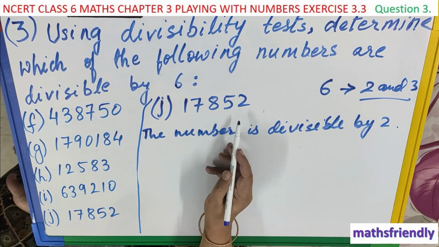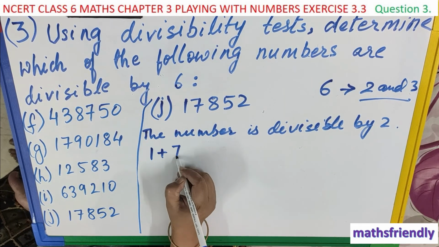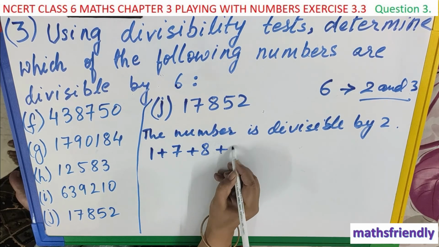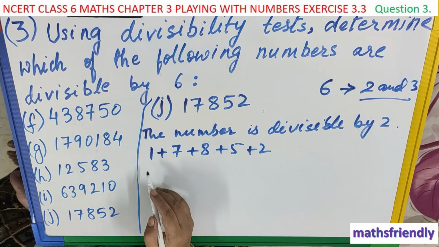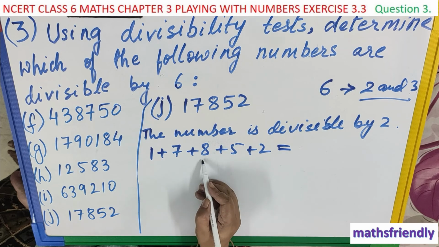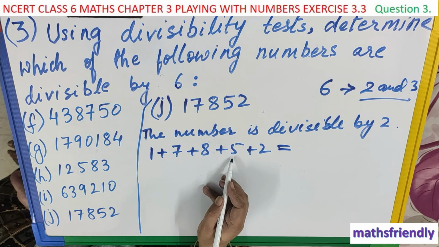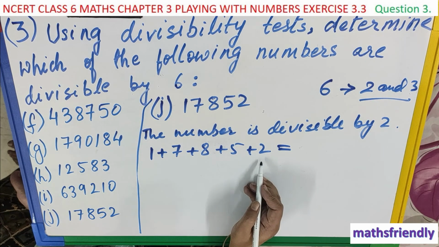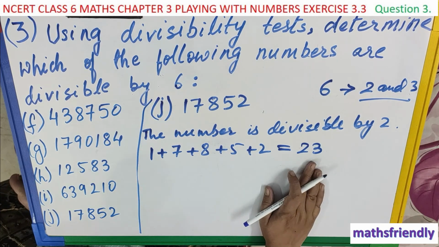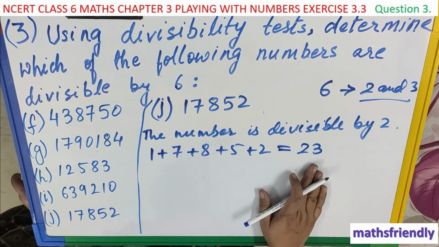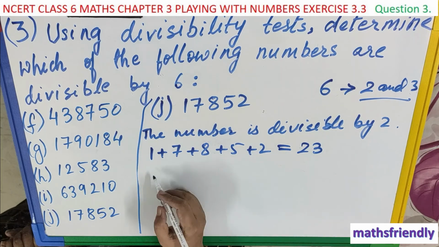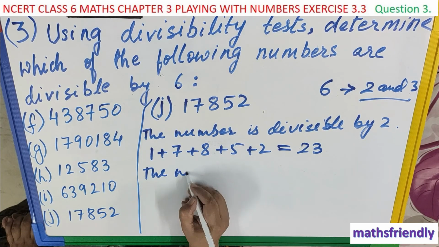Now, is it divisible by 3? We have to check. For that we add the digits of the number: 1 plus 7 is 8, 8 plus 8 is 16, 16 plus 5 is 21, 21 plus 2 is 23. Is 23 divisible by 3? No, 23 is not divisible by 3. So the number is not divisible by 3.